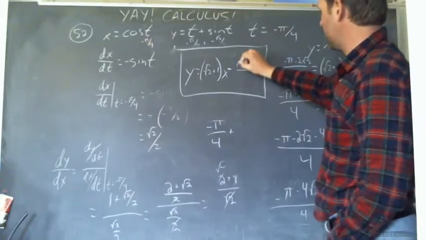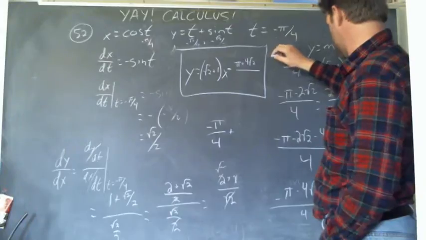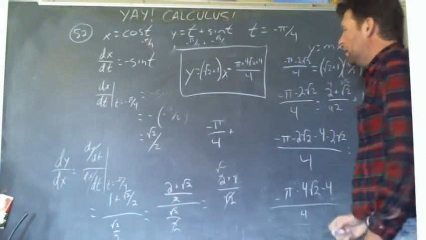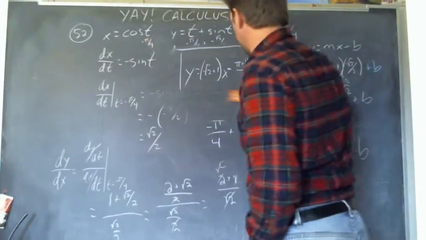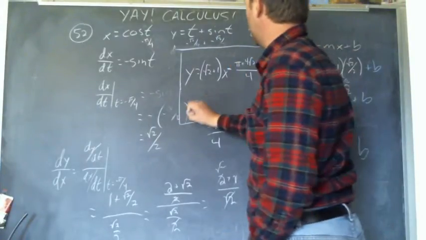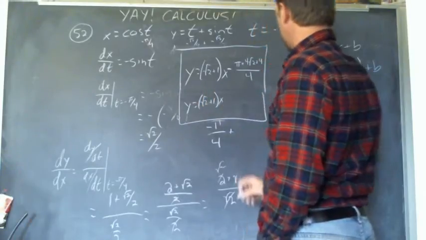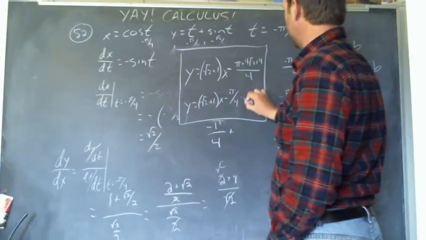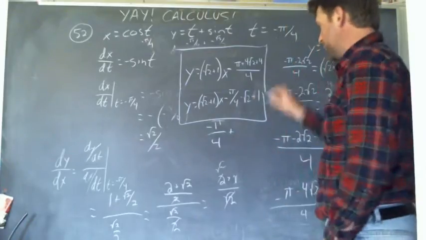And that'll be pi plus 4 radical 2 plus 4 all over 4. And we can keep that like that. Or in fact, because we have all these 4s here, we can make this y equals radical 2 plus 1 times x and b is minus pi over 4 minus radical 2 plus or minus 1. Either one of those will do just fine.